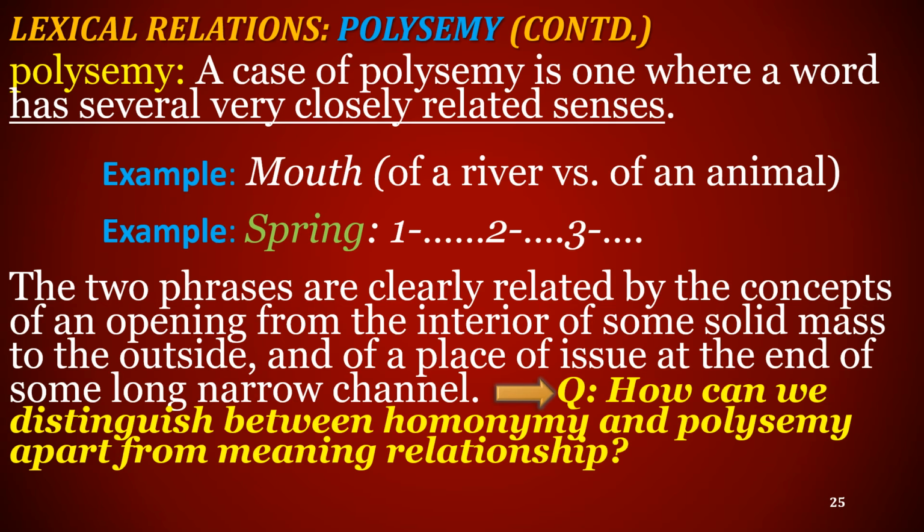And when we talk about polysemy, we're talking about a close meaning relationship between the different senses of a word. But apart from that, how can we recognize homonymy from polysemy?